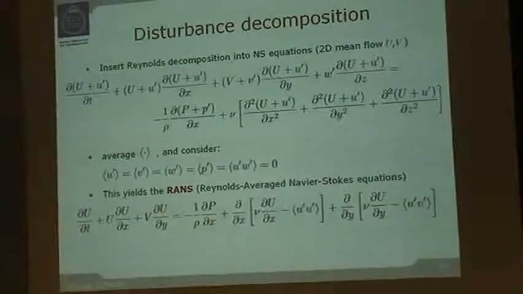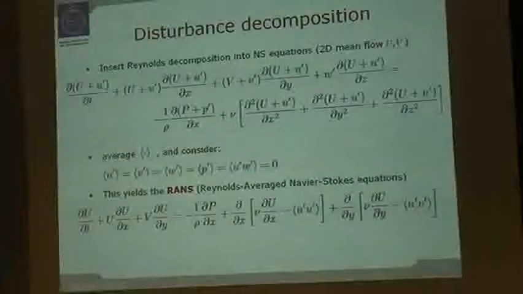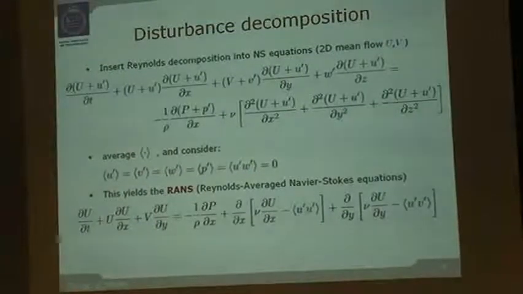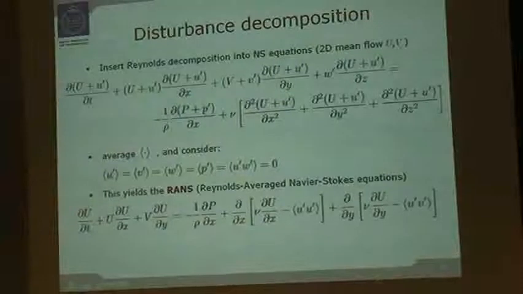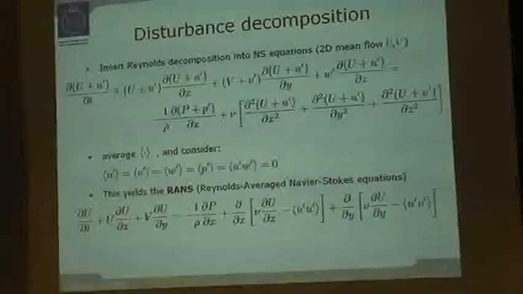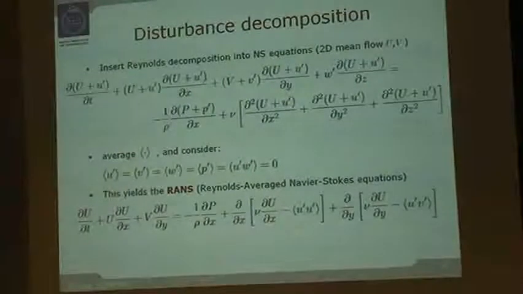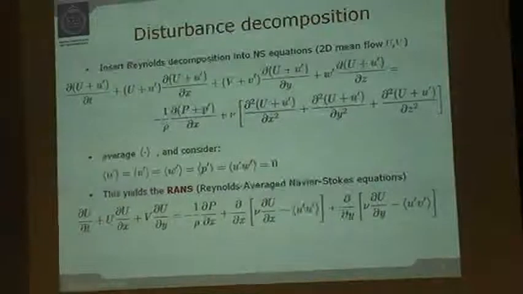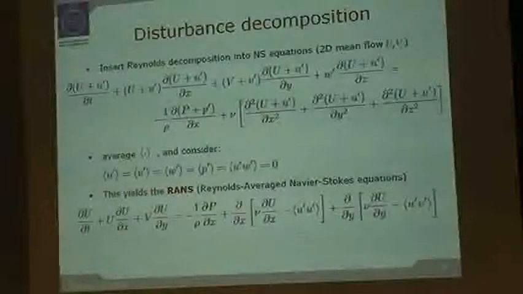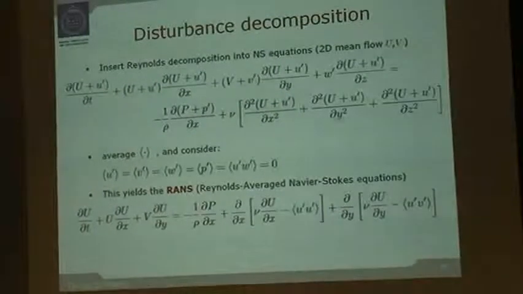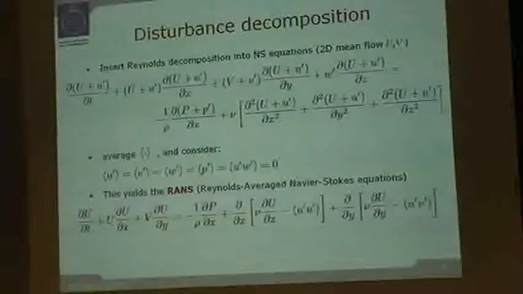And this is then the equation that we finally get. This is now the governing equation for the turbulent mean profile. We have here an equation for the evolution of the mean U. We can, of course, in a similar way write down one equation for the mean V.